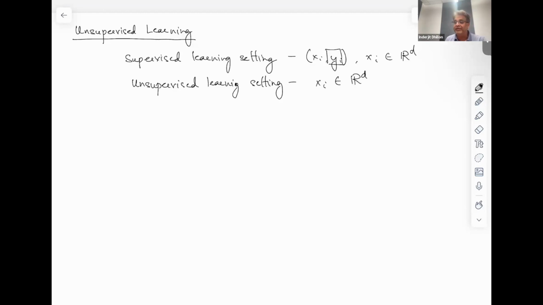They may not be labeled in any way, but there is lots and lots of data available. So the supervised learning setting sometimes suffers from the fact that there may not be enough data that has supervision, but unsupervised learning has a lot of data. And this was the dominant paradigm in machine learning, where you would basically have supervised learning and unsupervised learning.